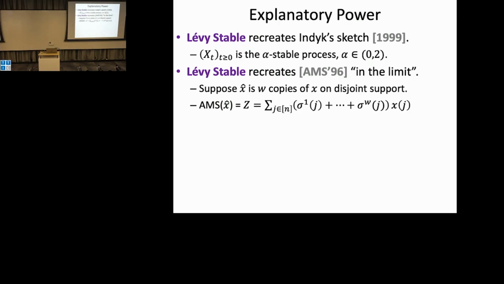And as you let w get large, this will just converge to some normally distributed random variable. Okay, and sampling the Brownian motion Levy process at a certain time is basically just giving you this normal variable coefficient in front of xj. Okay, so in the limit, basically this recreates the AMS sketch.